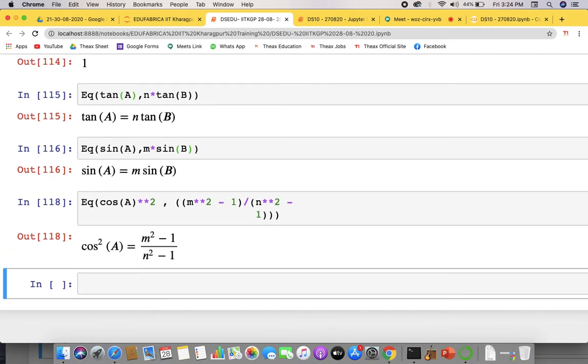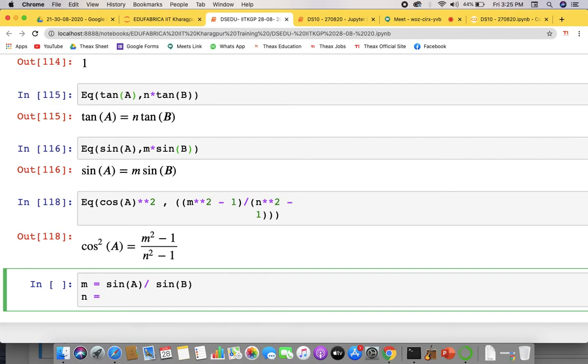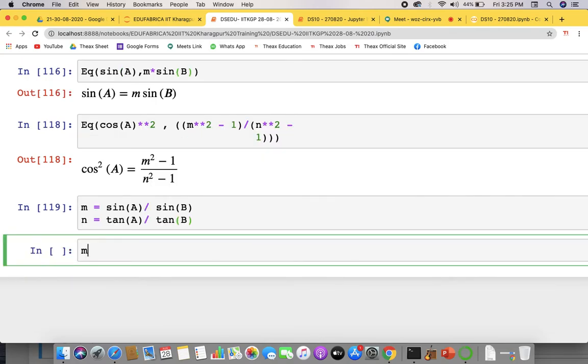Do you think we should directly substitute the values and get the answers? If we say m is equal to sine of A by sine of B, and similarly n is equal to tan of A by tan of B. Can we say it accordingly, right?